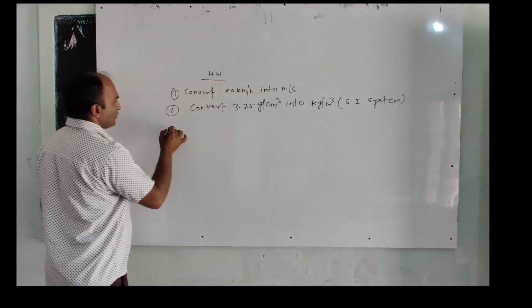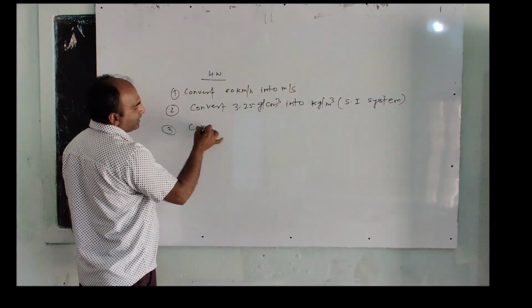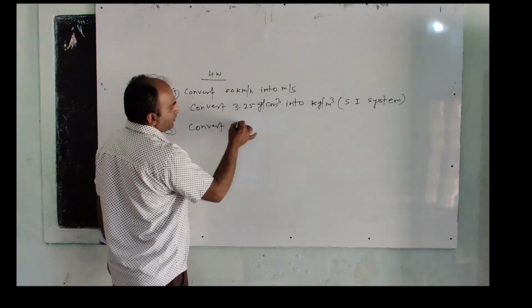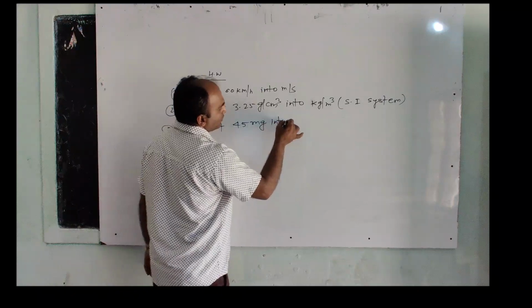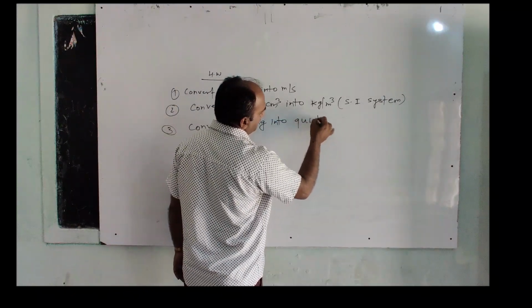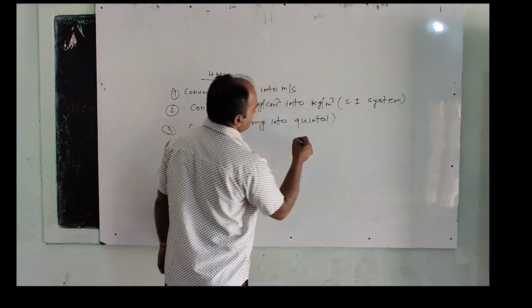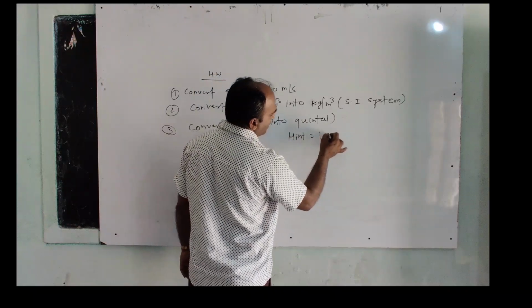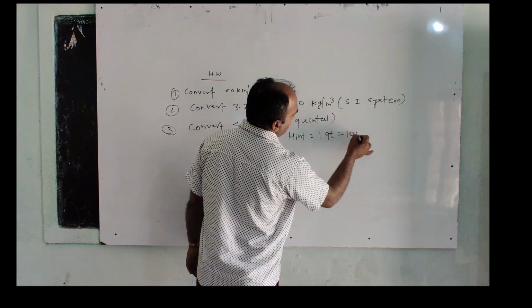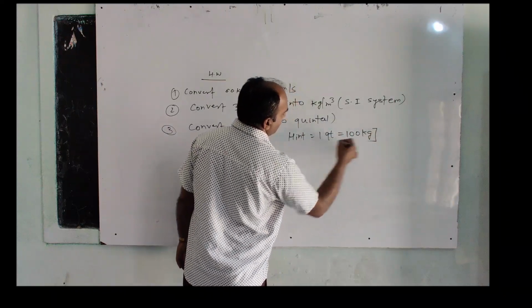Similarly, number three, convert 45 milligram into quintal. 1 quintal means 1 quintal equals 100 kilogram.